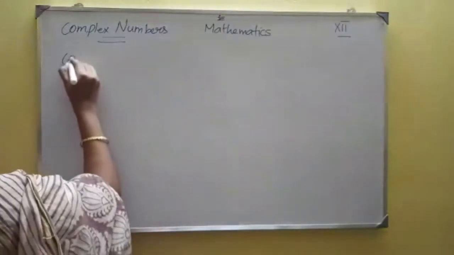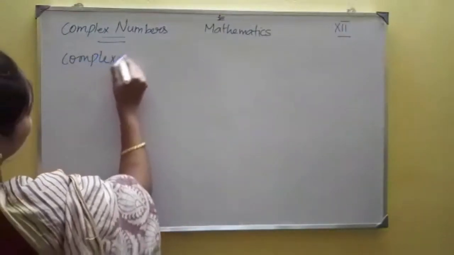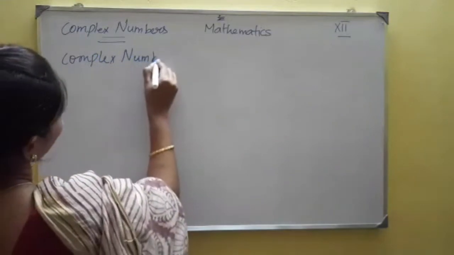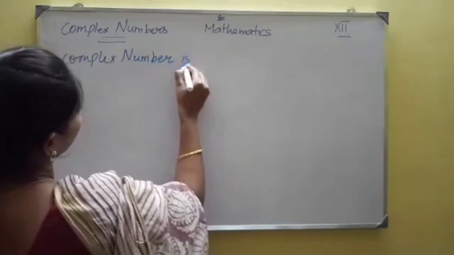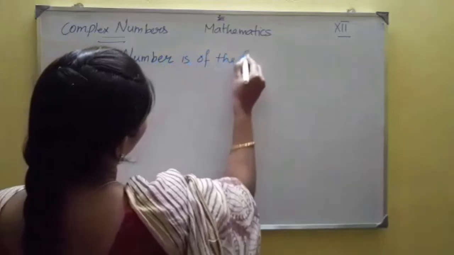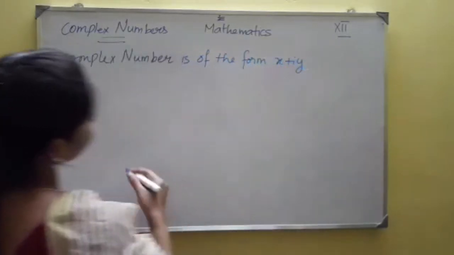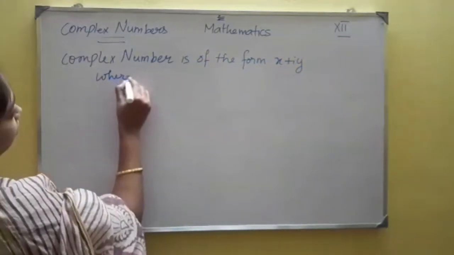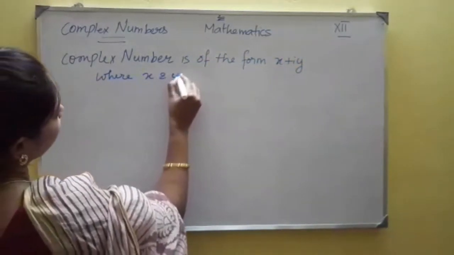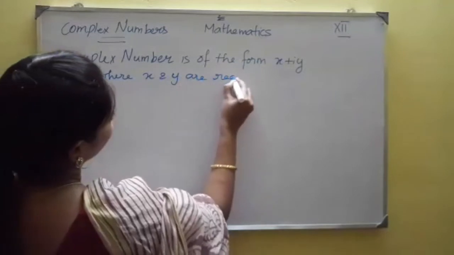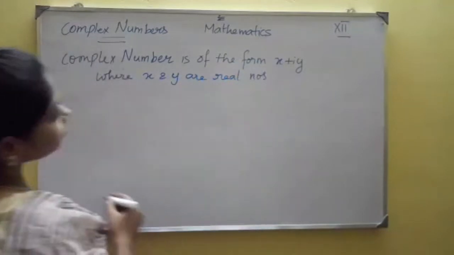A complex number is of the form x plus iy, where x and y are real numbers.